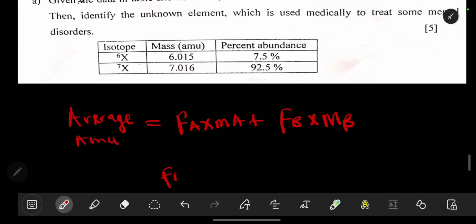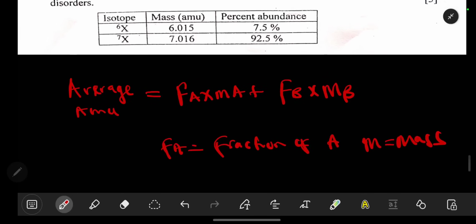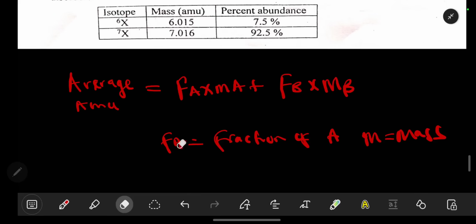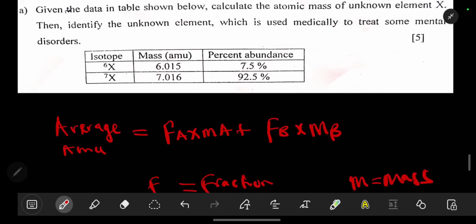So we can just say Fa is the fraction of A, Fb is the fraction of B, and M is equal to mass. So we have the mass of A like that. The fraction can be found from the percentage, since a percentage is a fraction.